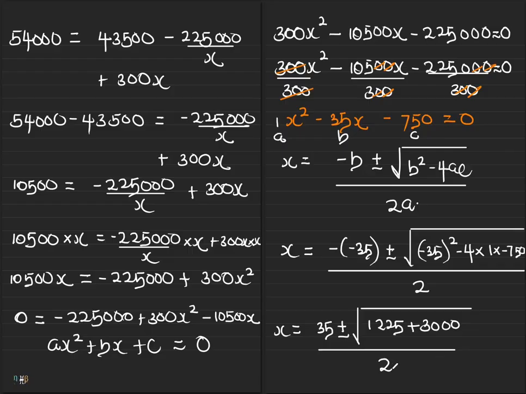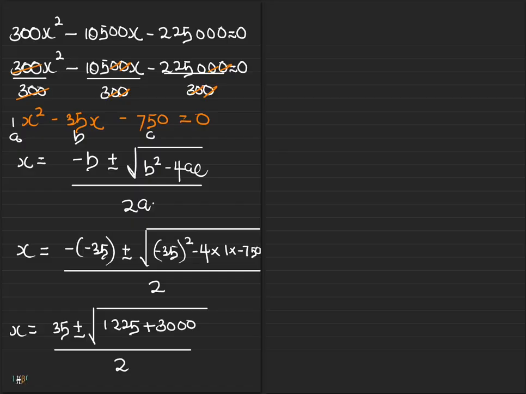all over 2. We then simplify further, so we have our x, which is equal to our 35 remains, then plus or minus 1225 plus 3000 gives us a 4225, not forgetting the square root, all over 2.